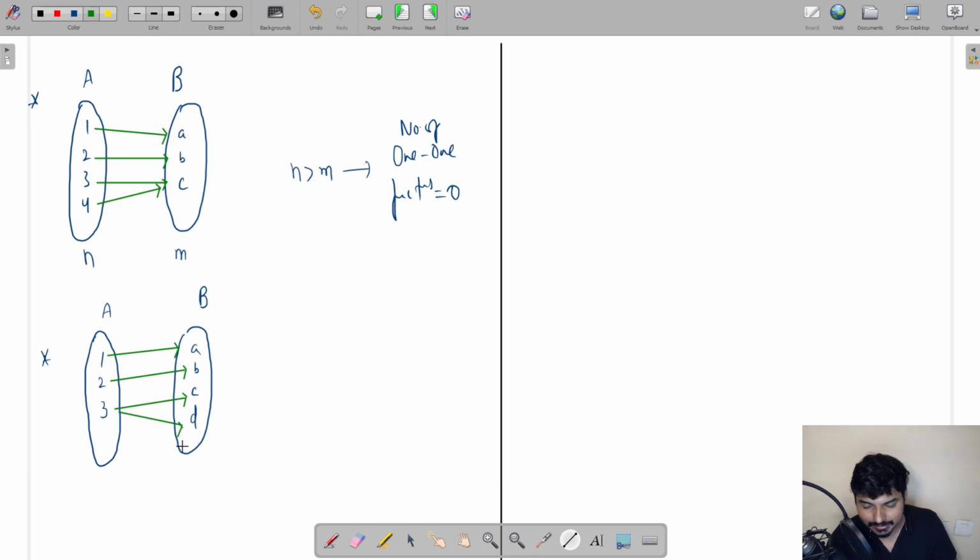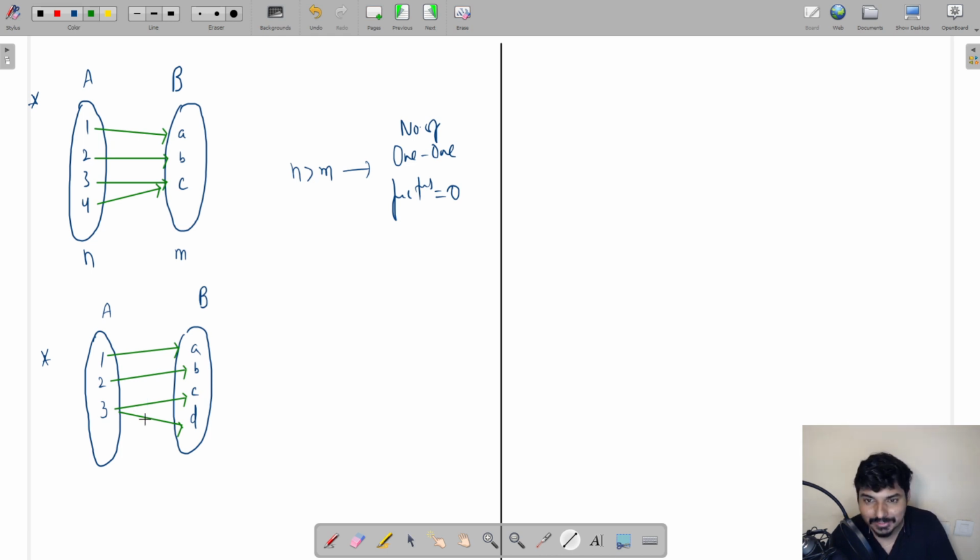If I do that, in that case, this will not remain as a function, because you see 3 is having more than one image. And as I told you, for a function, each and every element of the first set should have a unique image in the second set. But here you see 3 is having more than one image, it's having two images.